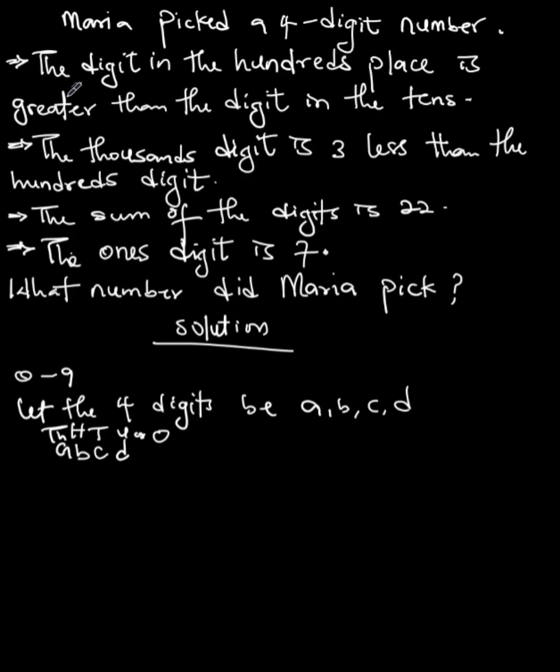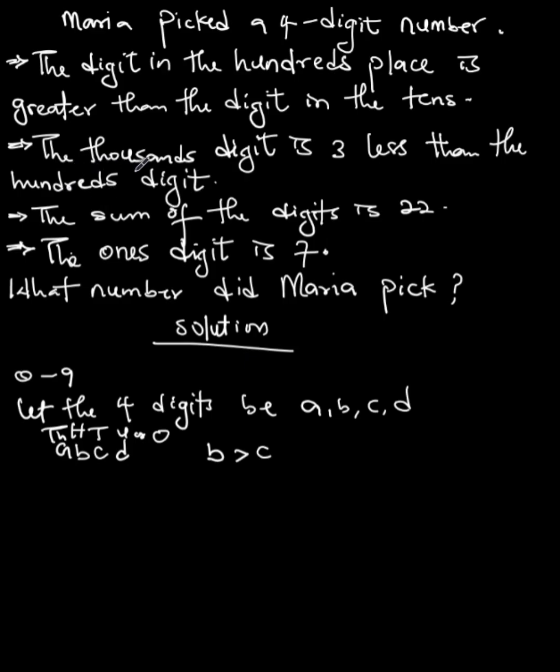We're told that the digit in the hundreds place is greater than the digit in the tens place. So B is in the hundreds place, which means B is greater than C, which is in the tens place. This is the first condition these digits must meet. B is greater than C.